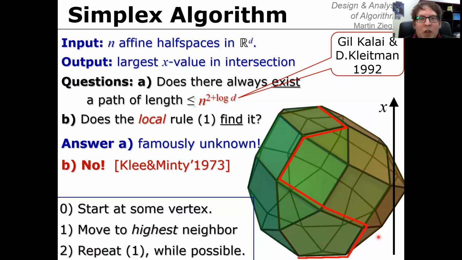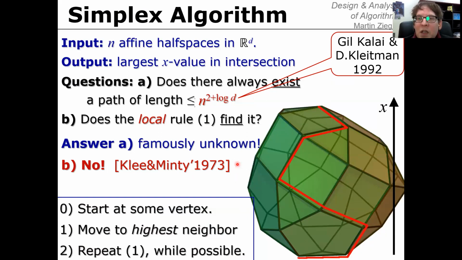It makes a long winded spiral moving until arriving at the top. Although in the Klee-Minty cubes there do exist short paths, they only show that the simplex algorithm greedily does not choose a short path, but chooses an exponentially long path.